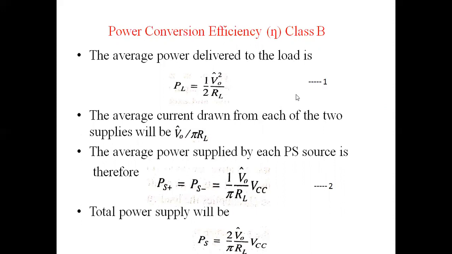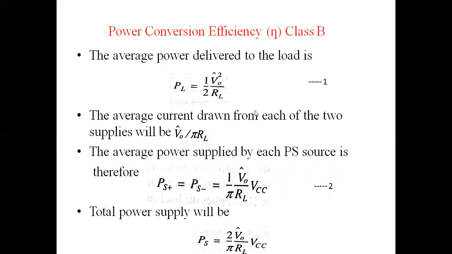Now the current drawn from each supply will consist of half sine waves of peak amplitude V0 by RL.